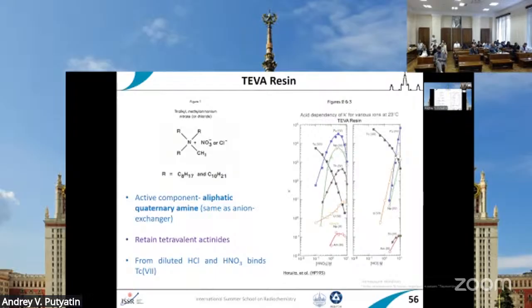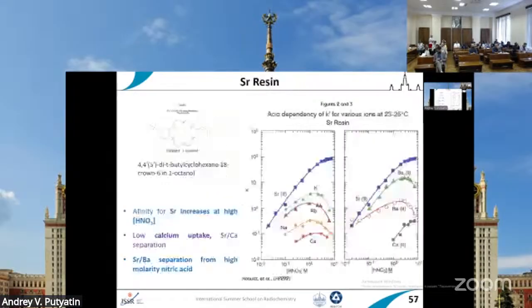Just two examples. It is TEVA resin. There is a quaternary amine inside the porous media that is responsible for the interaction with the anionic species, anionic complexes of tetravalent and hexavalent actinides. It can also sorb technetium, because technetium in the heptavalent oxidation state is present as an anion, the pertechnetate anion. Another very important resin is the strontium resin.